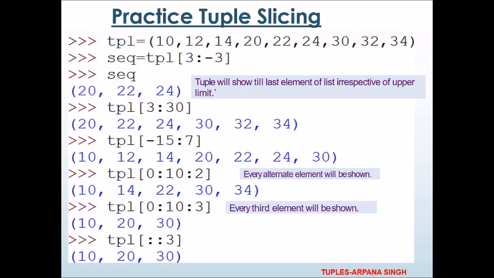A few more examples. If you write tp1 3 colon minus 3, so from the third index to minus 3, this is forward indexing and this is backward indexing. So write both the indexes on the top.